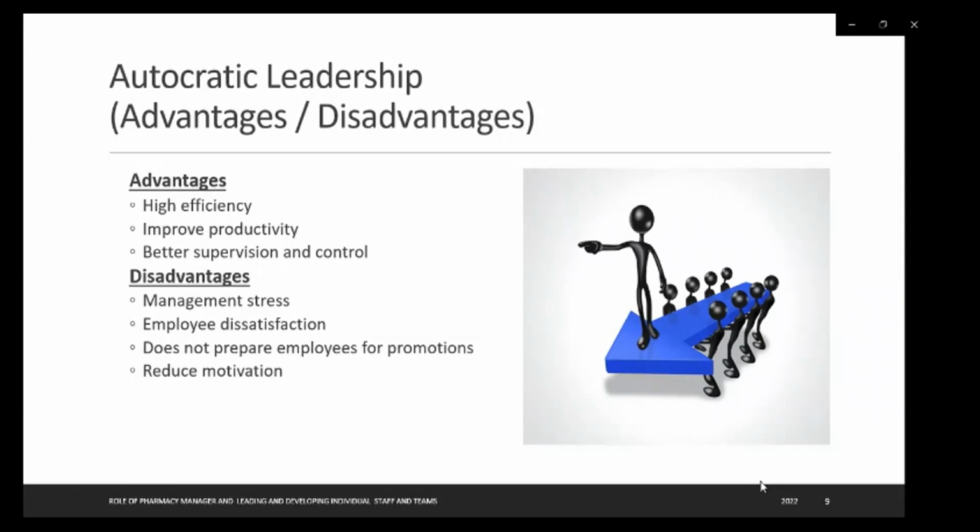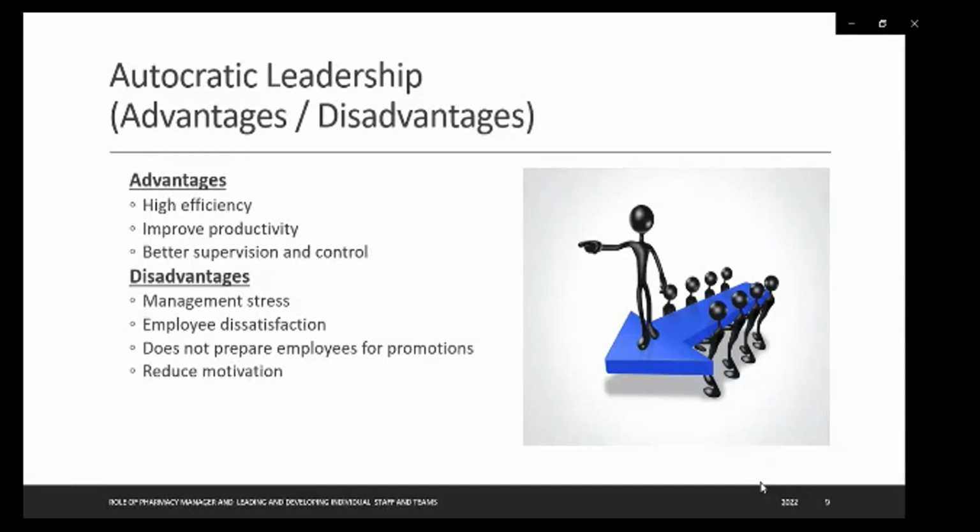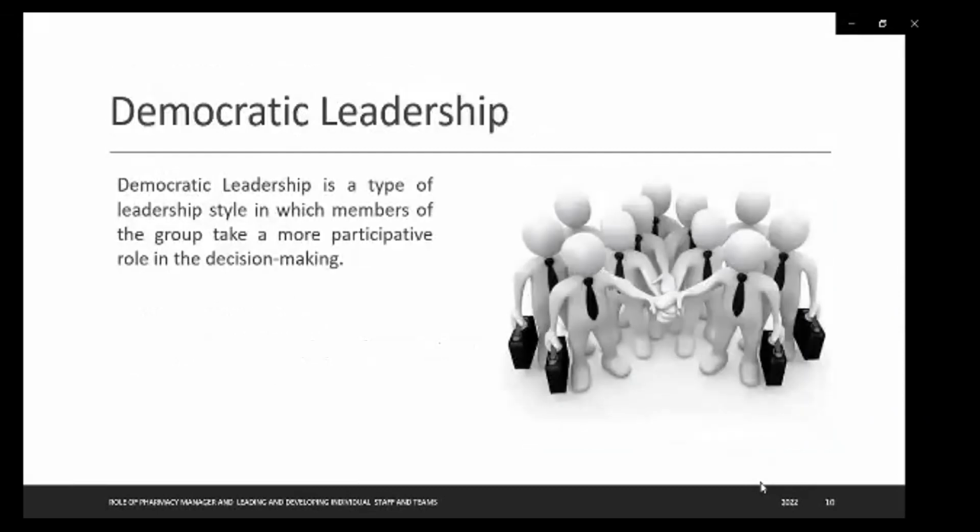Let's see the definition of the democratic leadership style. Democratic leadership style is a type of leadership style in which members of the group take a more participative role in decision making. Here, employees also get a chance to give their ideas on decision making.